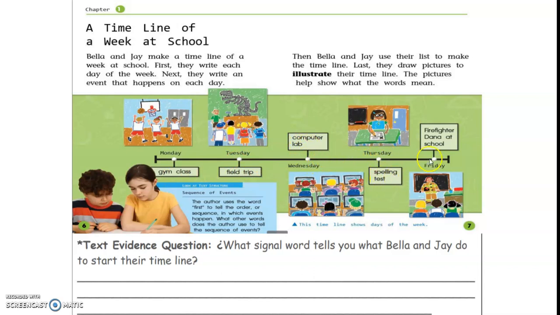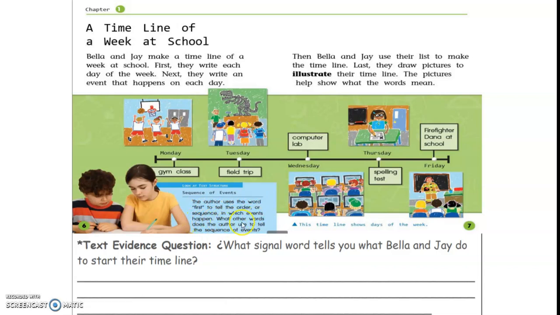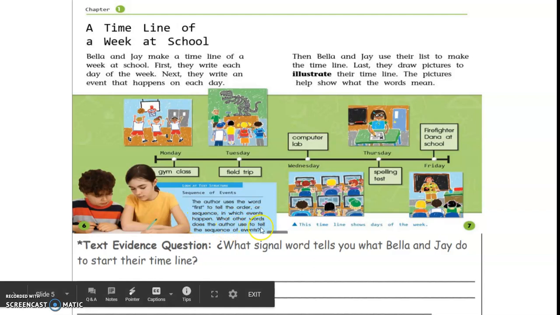Thursday, spelling test. Friday, firefighter. The author uses the word first to tell the order or sequence in which events happen. What other words does the author use to tell the sequence of events? Make sure you tell someone.